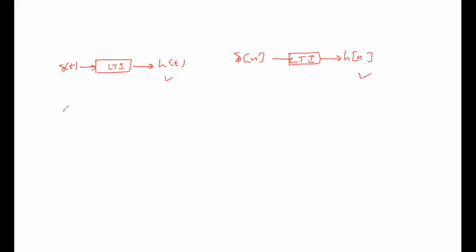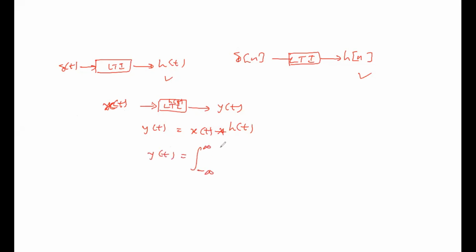Now, we now see that, say, S of T fed into an LTI system characterized by H of T; S of T is the input, Y of T is the output. Then Y of T is S of T convolved with H of T. So Y of T will therefore give us the integral, taking limits from negative infinity to positive infinity, S of tau, H of T minus tau d tau.